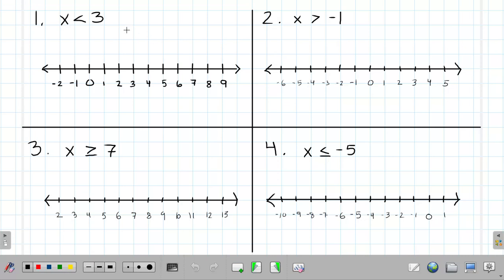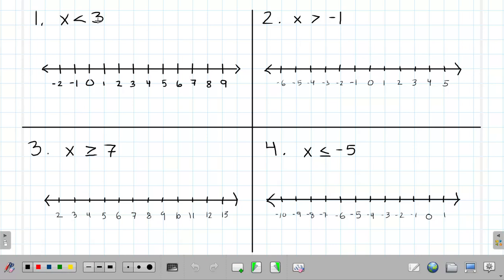Looking at example number one, we have x is less than 3. X is less than 3 means whatever x is, it has to be littler than 3. So first we ask ourselves, can x be equal to 3?